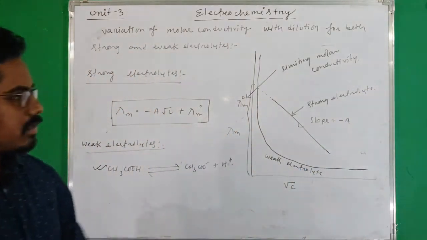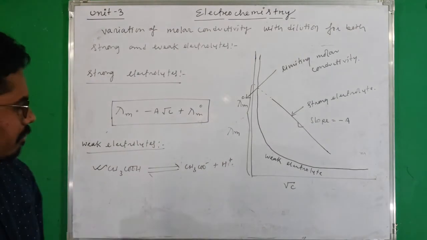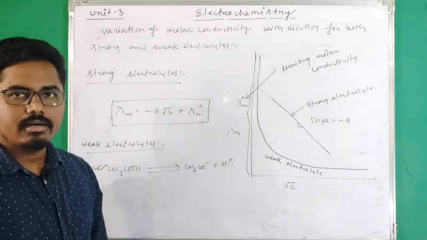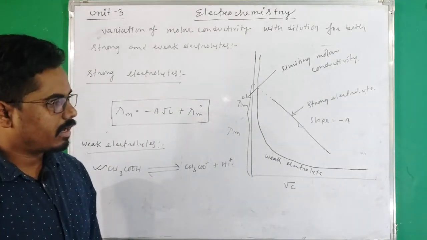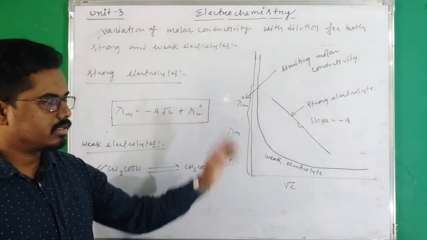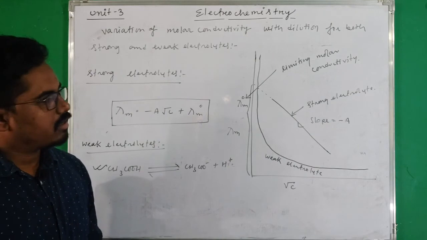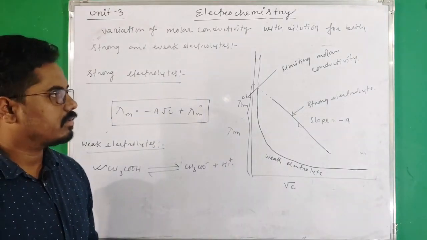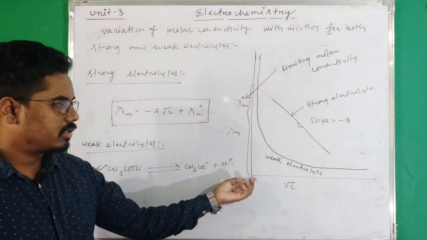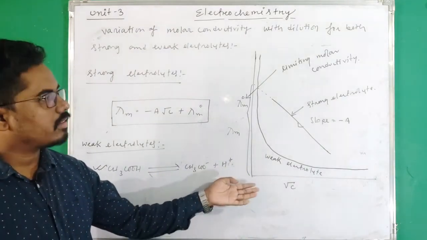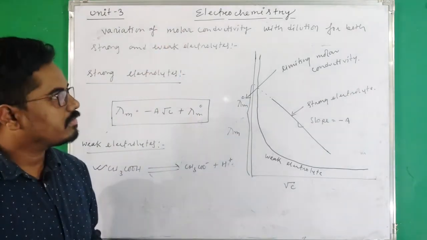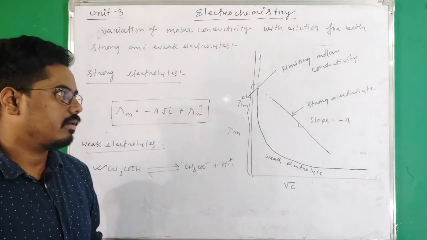This graph represents the variation of molar conductivity with dilution for a weak electrolyte. Initially, when the concentration is higher, the molar conductivity is low, and when the concentration decreases, the molar conductivity increases, since the degree of dissociation increases with dilution. At infinite dilution, when the concentration becomes 0, the molar conductivity is maximum, and the graph is an exponential graph.